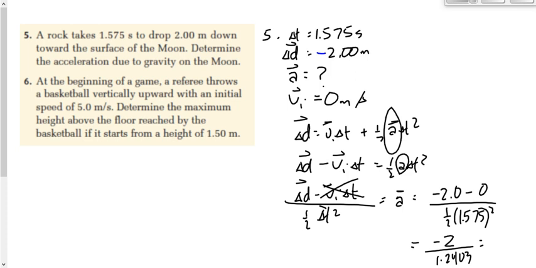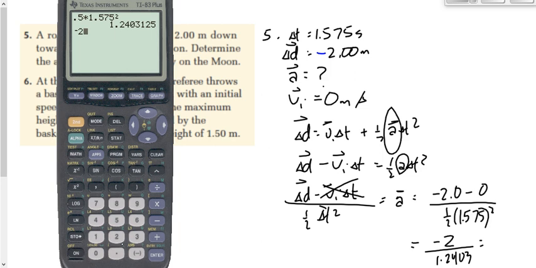Well, now it's easy, right? Now I'm just going to say negative 2 divided by 1.2403. You guys know the shortcut there? I could just type in 1.2403, right? Or I could type in second function answer and say negative 2 divided by 1.2403 gives me negative 1.61.